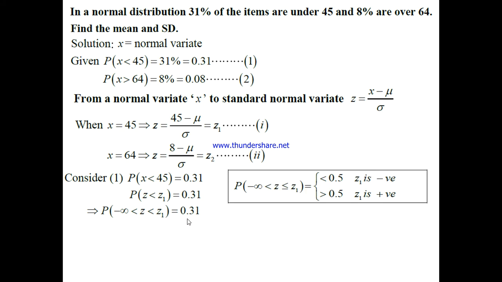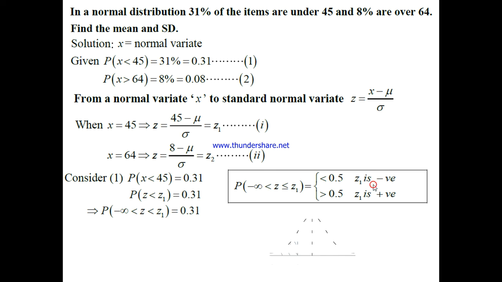And this 0.31 is a value which is less than 0.5. This already we have discussed. And when this value is less than 0.5, in this case, we can consider our Z1 as negative.